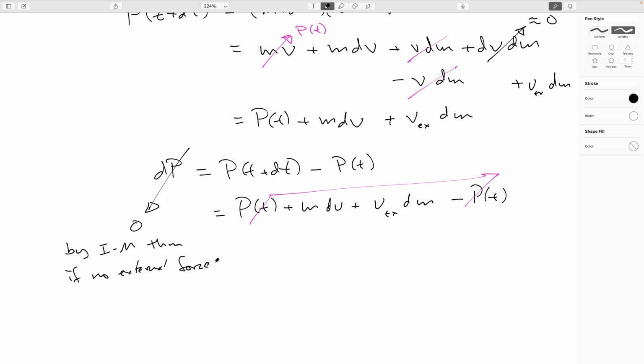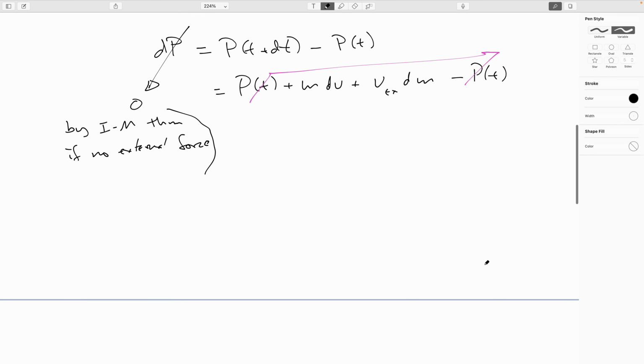Now, if we were launching our rocket on the surface of the Earth, we would have an external force due to gravity. It just makes the derivation more complicated, but doesn't really give us anything new. So that's why I'm just thinking about being out in the middle of empty space so that I can clean that up a little bit.